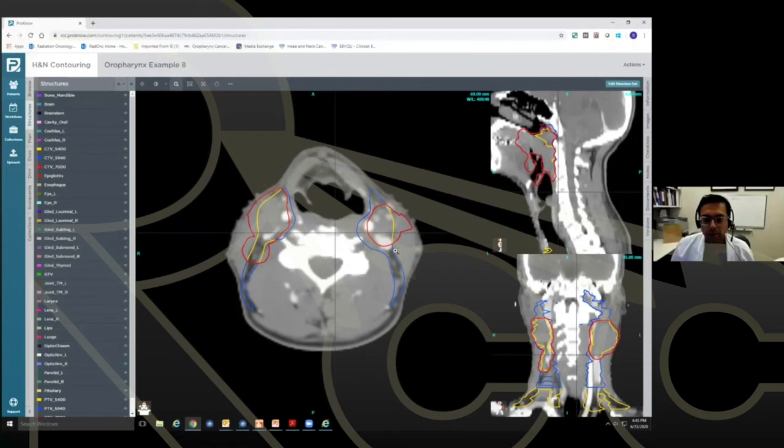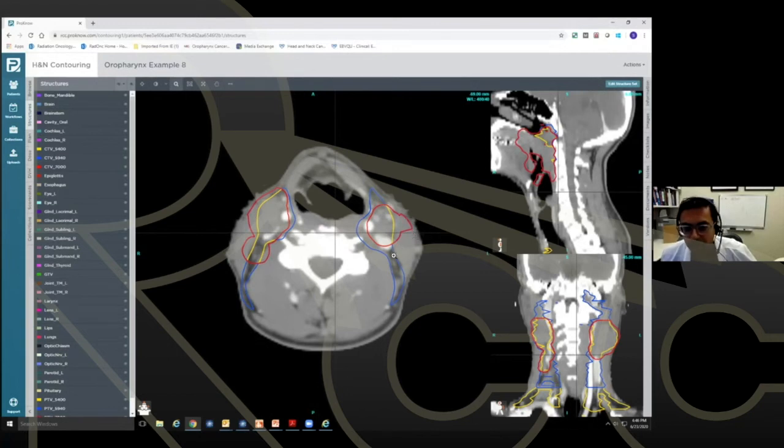So what I wanted to show here is you had already a talk about expansions, correct, in regards to GTV and CTV. In this scenario, they had a positive node, and you have your CTV high risk, and then you have your CTV intermediate that's following the lymphatic space here. But then they have the CTV high risk with no further expansion.